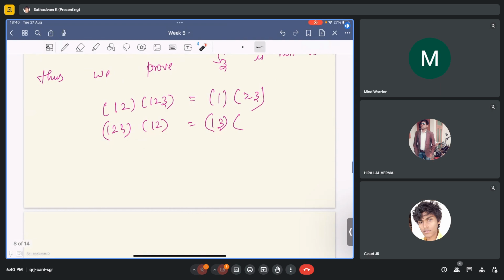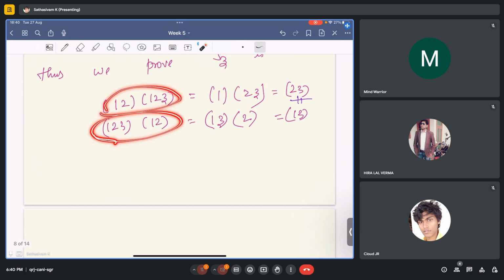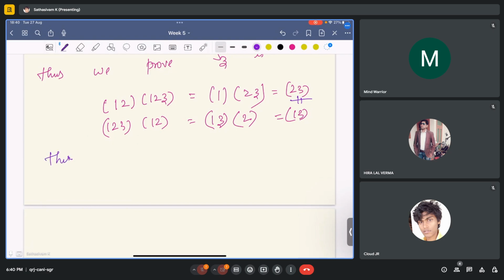Now, what happens to 2? 2 will go to 1 and 1 will go to 2, so 2 goes to 2. Here, if you observe, this is nothing but a (2 3) cycle, and this is a (1 3) cycle. You can see that these are not equal. So that means this element does not commute. Thus S3 is non-abelian.